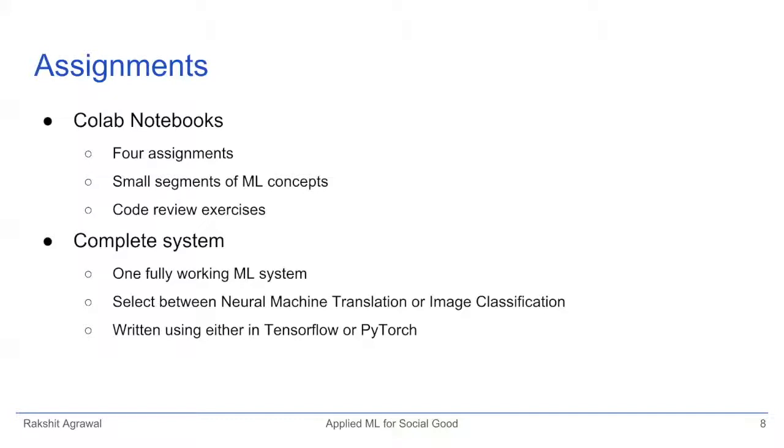A famous one is a data set called CIFAR-10, which has 10 different classes, like dog, cat, car, and so on. So the image classification task would be around classifying objects.